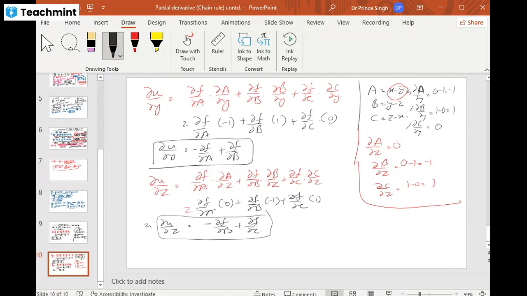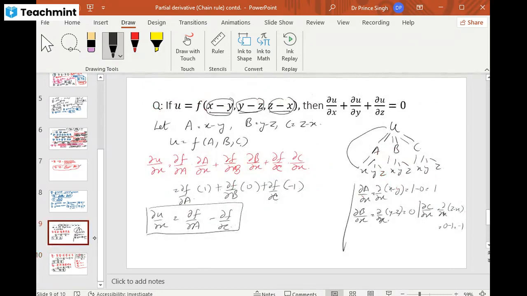So all the three derivatives are known, and what we need is their sum.